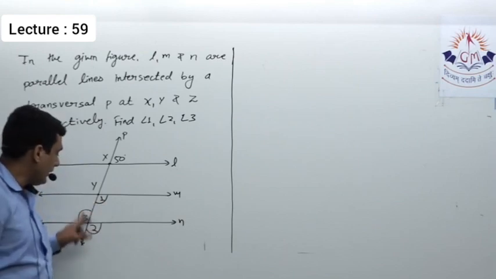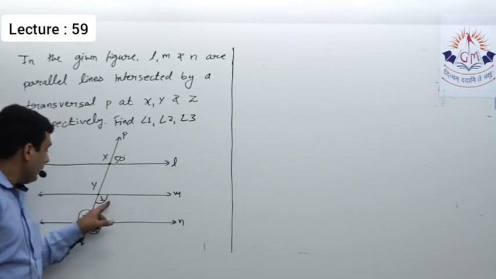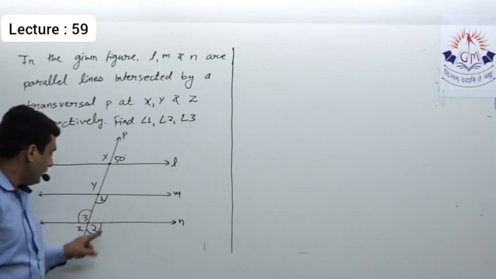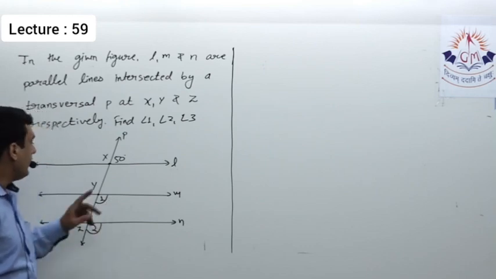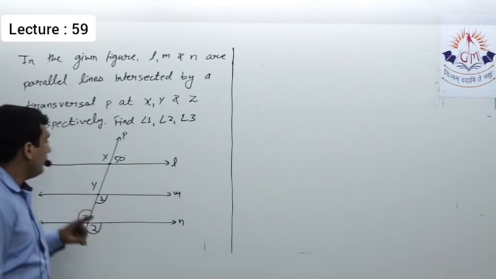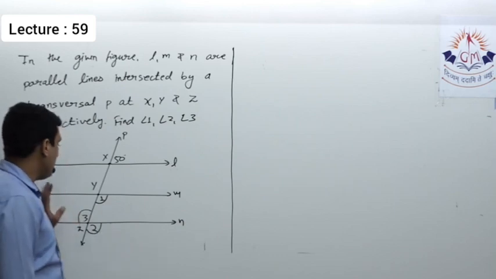See, 2 and 3 are vertically opposite, so I can say 2 and 3 are equal. Also 1 and 3 are equal because they are alternate interior angles. 1 and 2 are corresponding angles. So now I have to find the measure of any one of the angles to find the measure of the remaining angles, because the remaining angles are definitely equal.